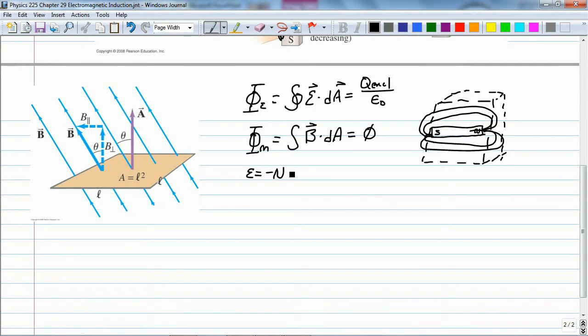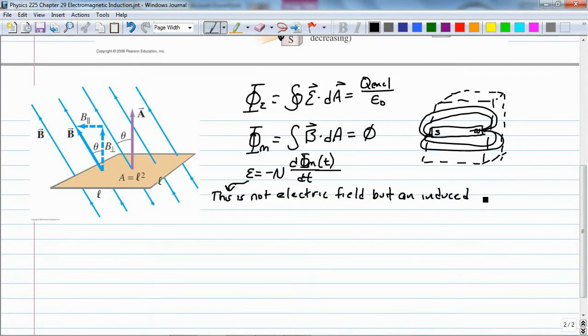Now, this relationship is negative times the number of loops, N, times d phi dt, and this phi is a function of t, and this is not the electric field, but an induced potential.